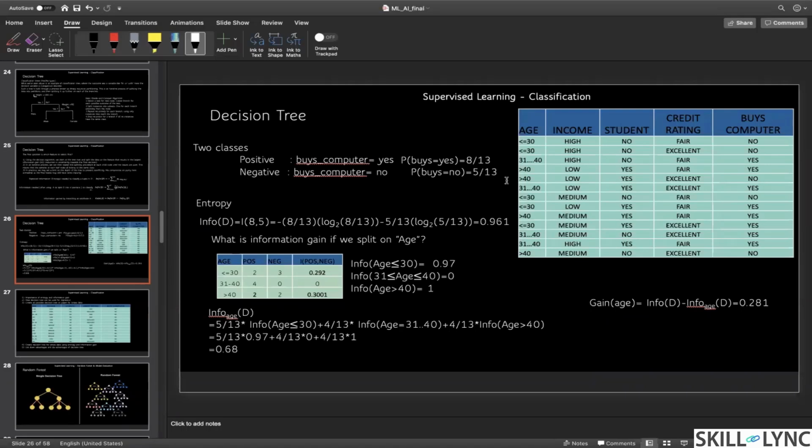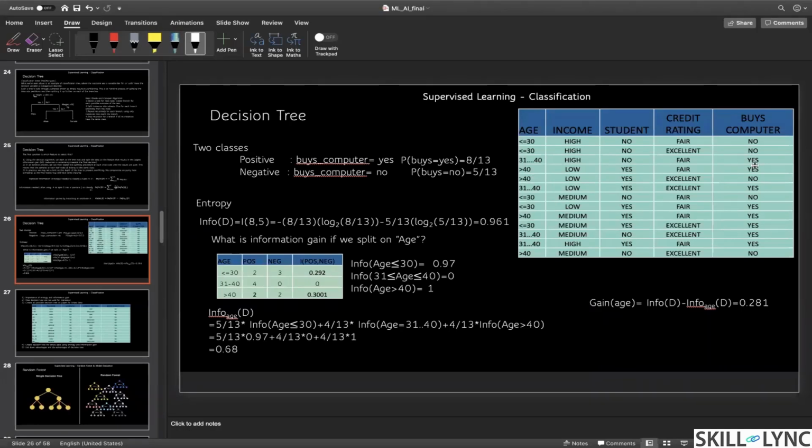That means out of four features, the feature age, or column age, has the highest amount of information hidden, which will influence your output.